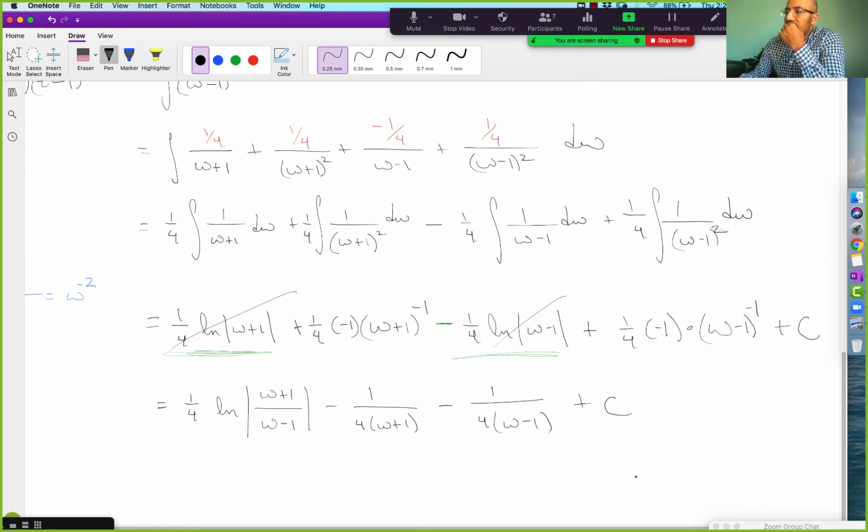Well, it would be rude not to combine these. So, you could stop here, but they're just so close to being something we can combine. So it would look nice if I did this, (w minus 1) times (w minus 1), and then (w plus 1) over (w plus 1).